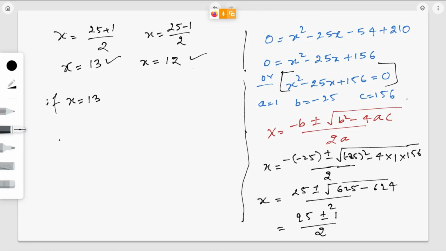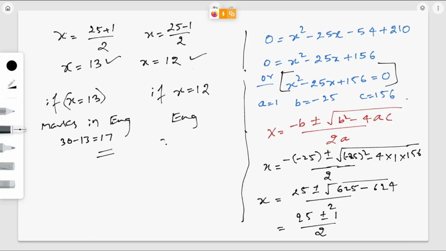If the marks scored in maths is 13, then the marks in English will be 30 minus 13, which is 17. If this is your maths marks, if it is 13, then you will get 17 here. Next, if x is equal to 12, then marks scored in English will be 30 minus 12, which is 18.